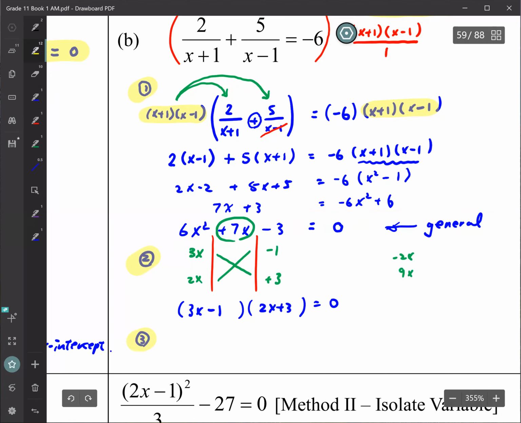You gotta solve it. Yeah, solve each one. Okay, so that one I'll leave it to everyone to do. So once you got the two answers, you can raise your hand again.